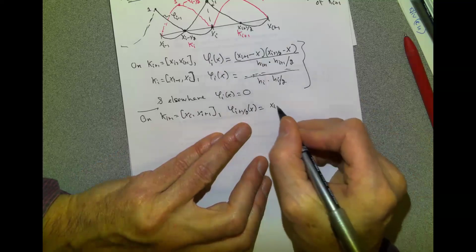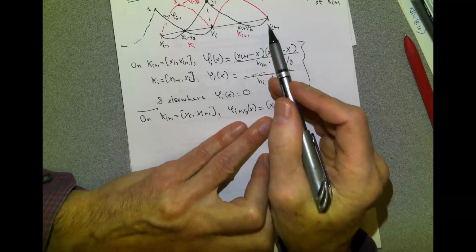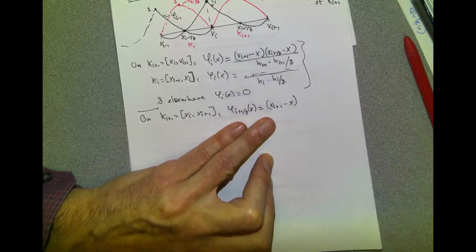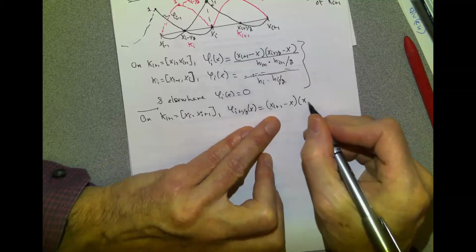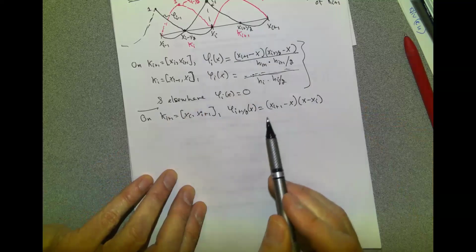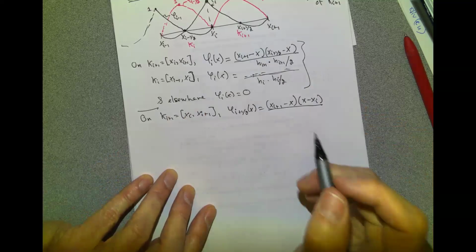So I'm going to take xi plus 1 minus x to make it null at that point, but positive on this interval, times x minus xi to make it null at this endpoint. The whole thing is quadratic. The product is a quadratic function as it should be.